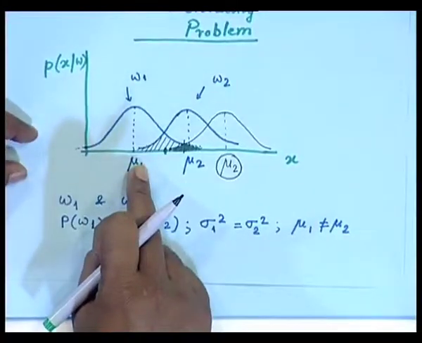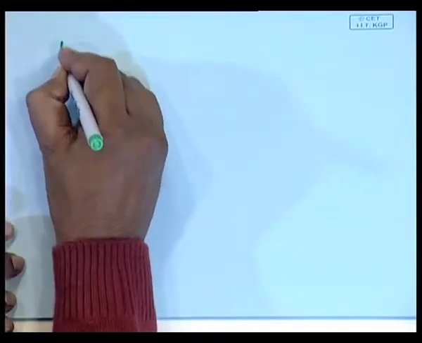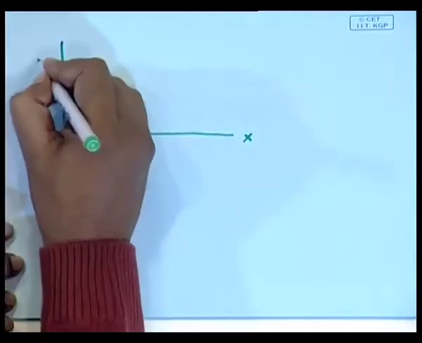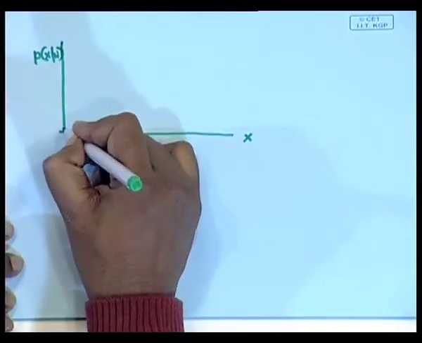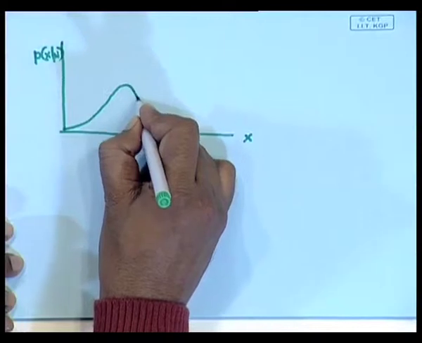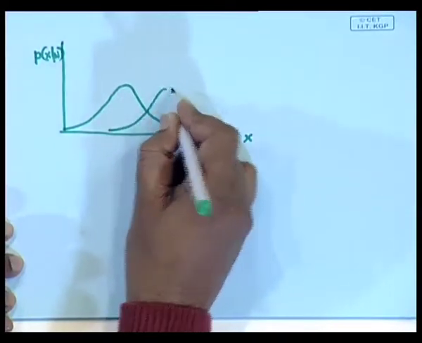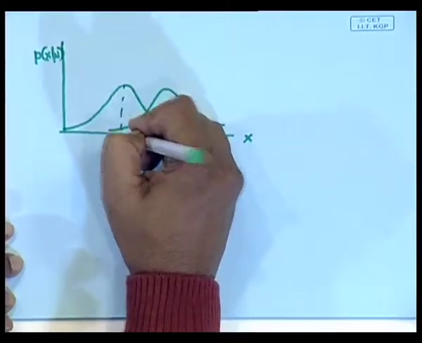That is quite natural, because coming to this diagram, or let me redraw this diagram. This is the x, this is p x given omega. Suppose the distribution is something like this. So, this is mu 1 and this is mu 2.